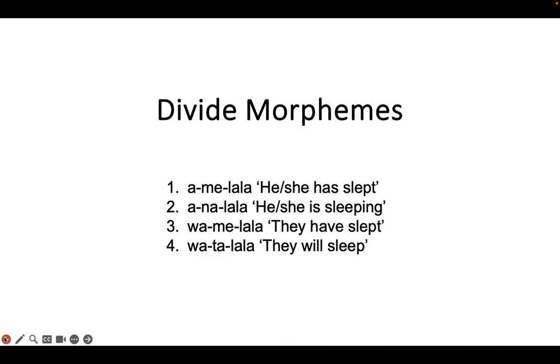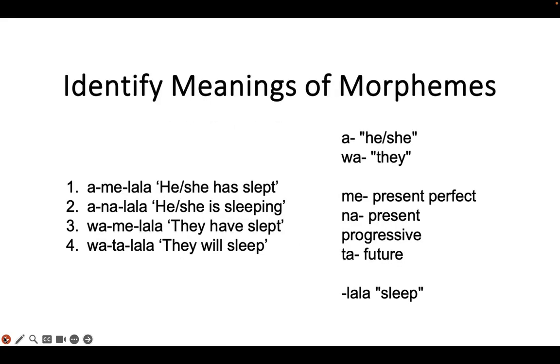And then we can also compare the morphemes that come in the middle to each of the verb tenses. And so here's what we can end up with. So we know that in these Swahili verbs, the root of the verb comes at the end, and that means that the morphemes that attach to it are all prefixes. So the very first prefix that appears is going to be the subject prefix.